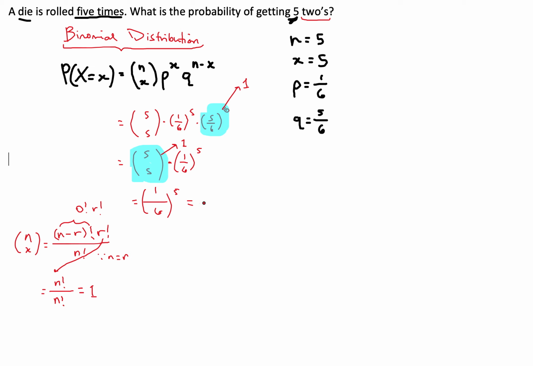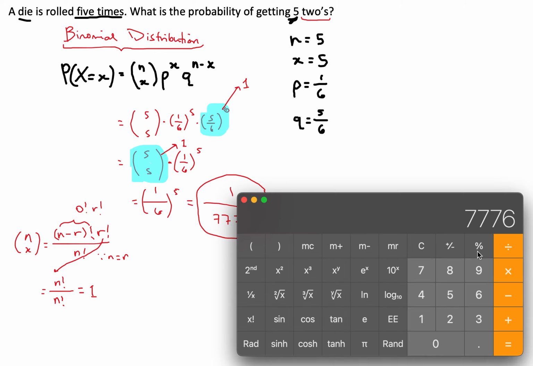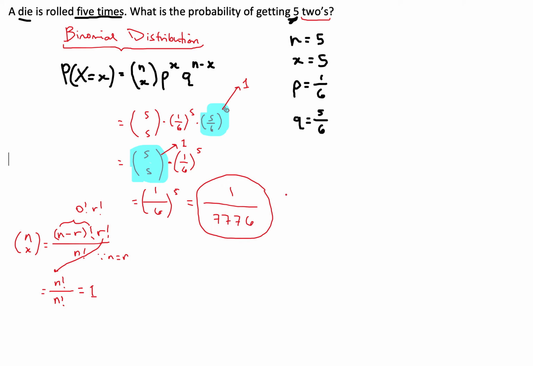So it's going to be 1 over 7776, and that's our answer for this problem. The decimal part doesn't really work that much. 1 divided by 7776, yeah, don't do that. We'll be okay with this. So that's the answer in this problem. I hope you learned something, and I'll be seeing you in the next video. Thank you very much.